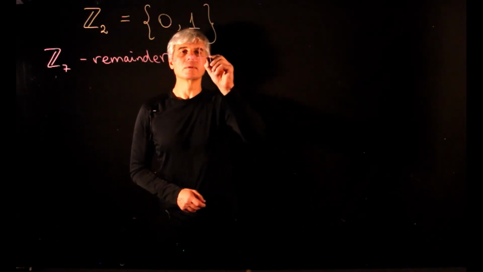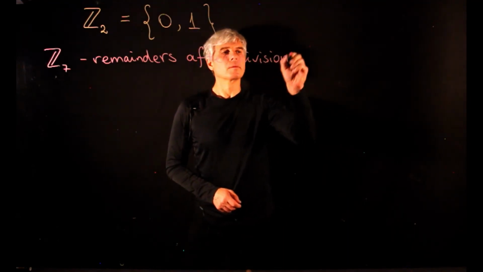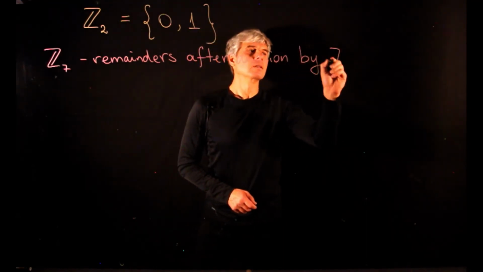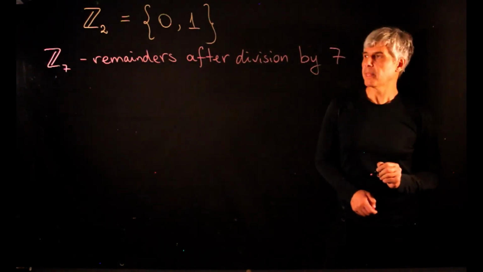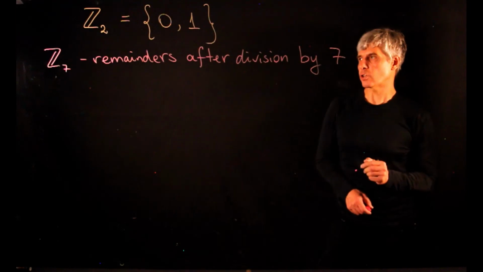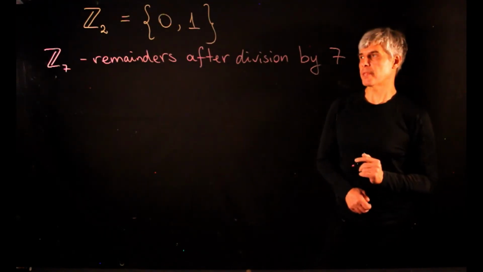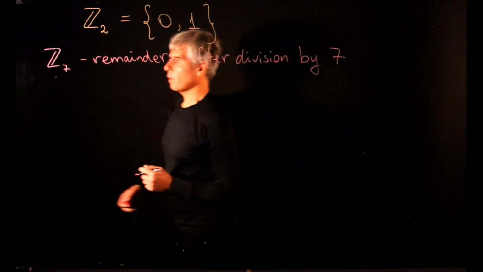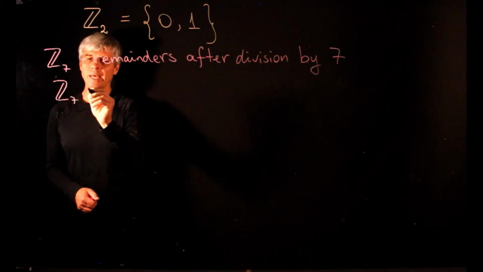after division by 7. Well, from elementary school, we know that we can take any integer and divide it by, say, 7 with a remainder. Then what are possible remainders that we could get?